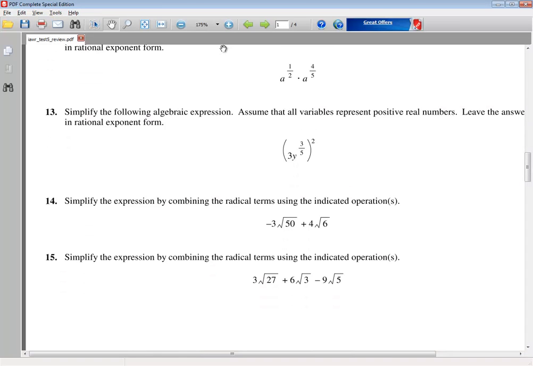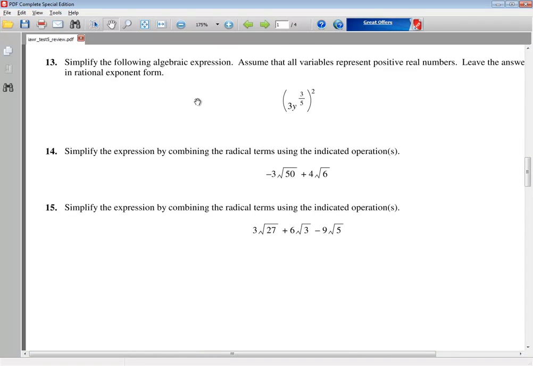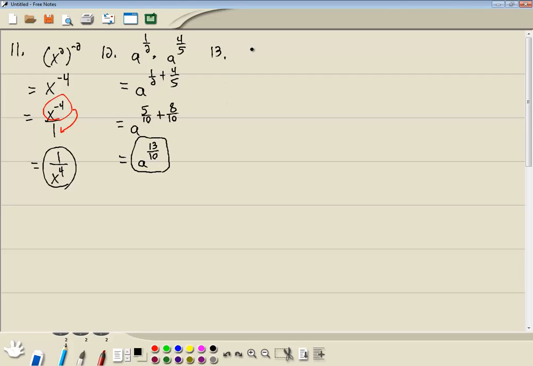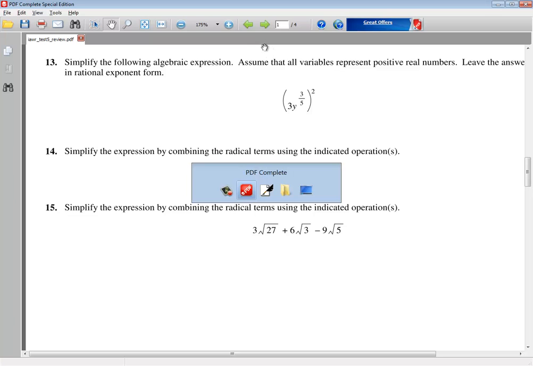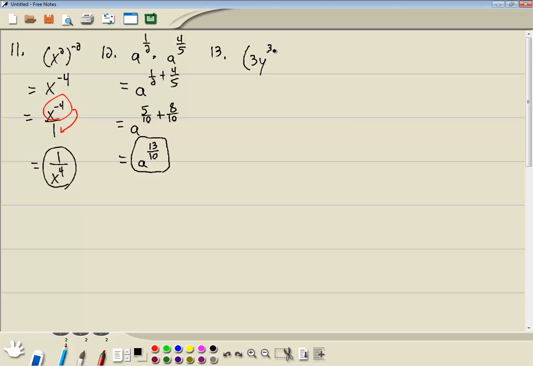Okay, 13. We got 3y to the 3/5 raised to the second power. Now, if everything inside of your parentheses is either multiplication or division, and you're raising the parentheses to a power, then you can take everything inside the parentheses to that power.